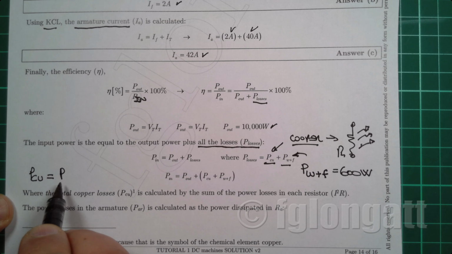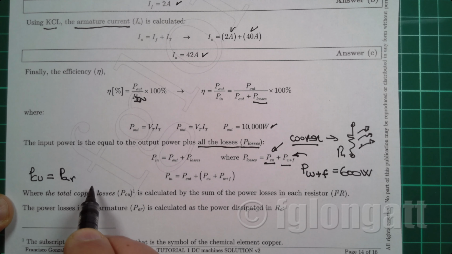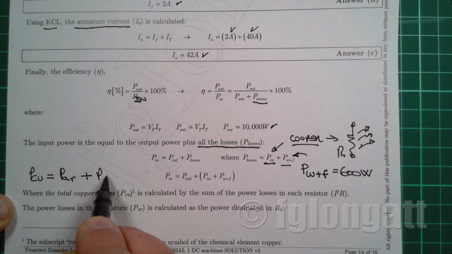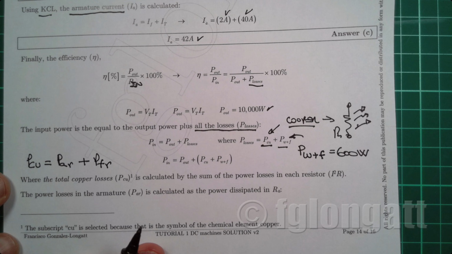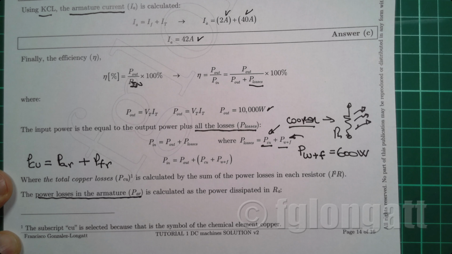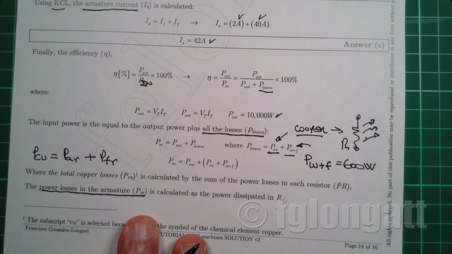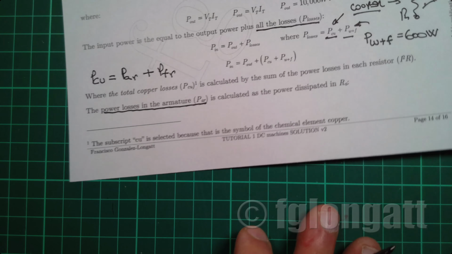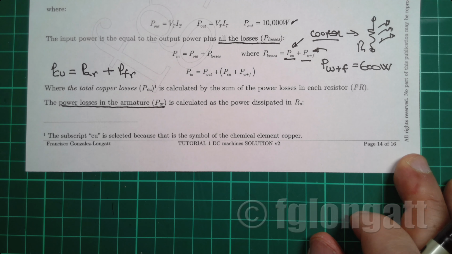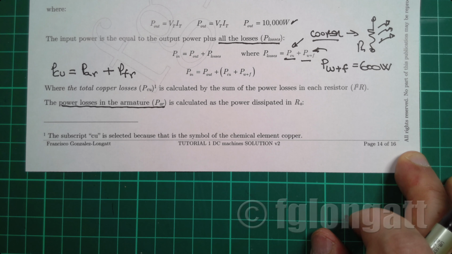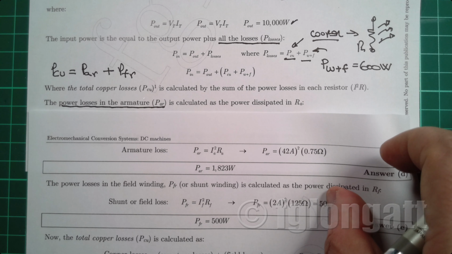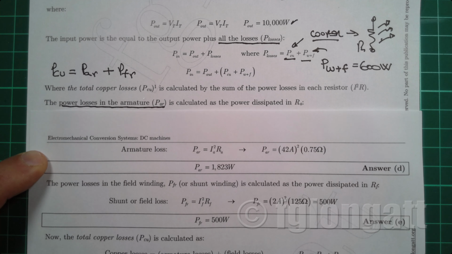One power is dissipated at the armature, and one power is dissipated at the field winding. So starting from the armature, the power losses at the armature can be easily calculated because we already know the current, and we already know the value of the resistor.